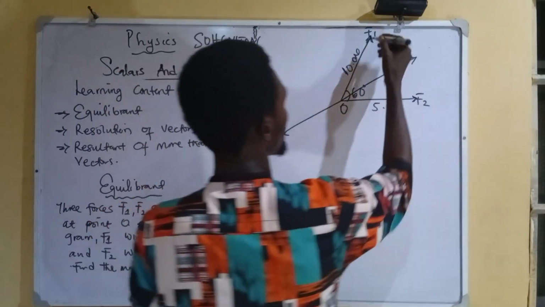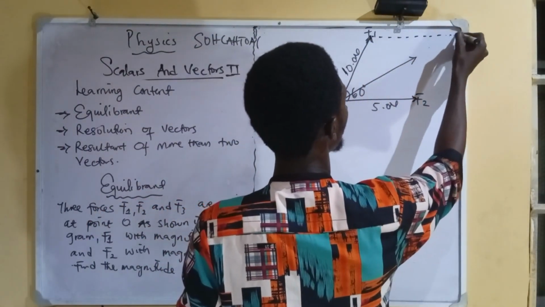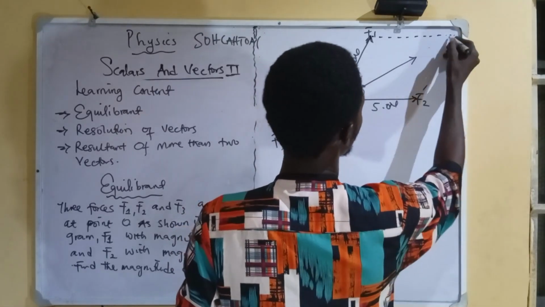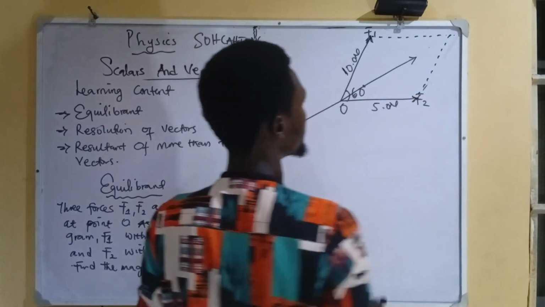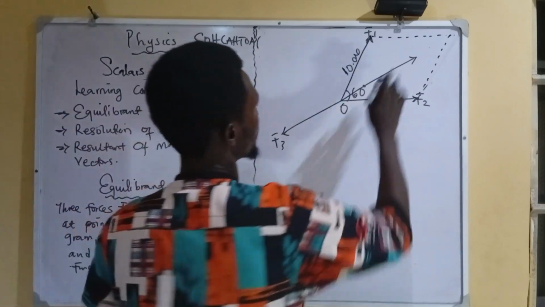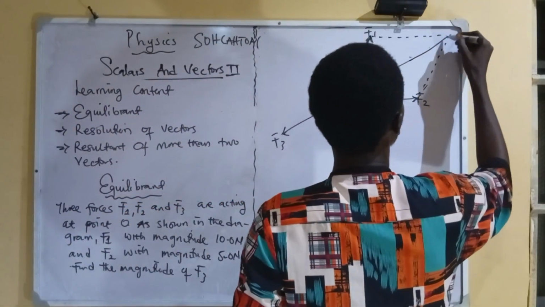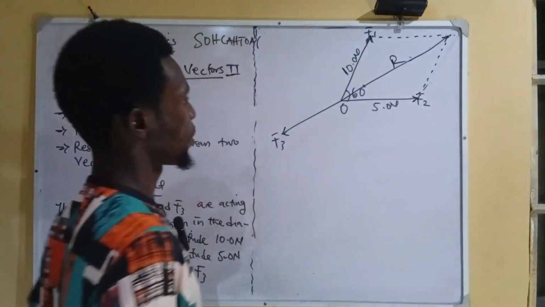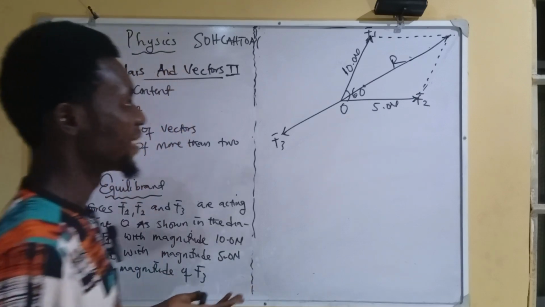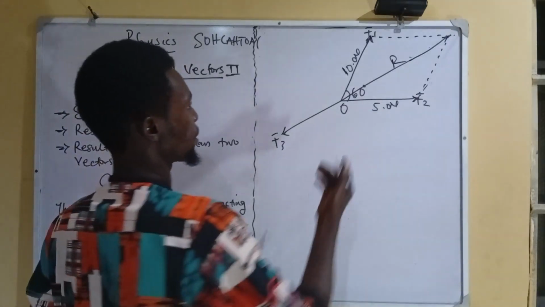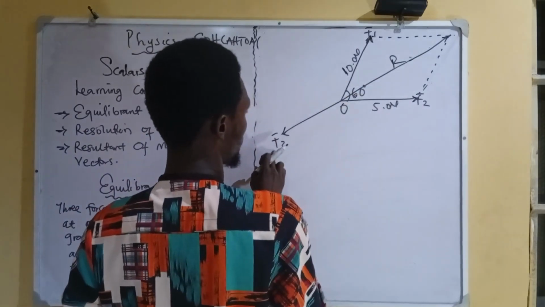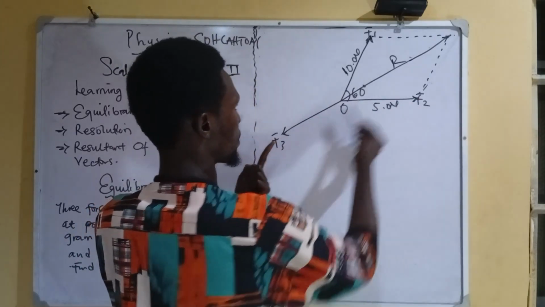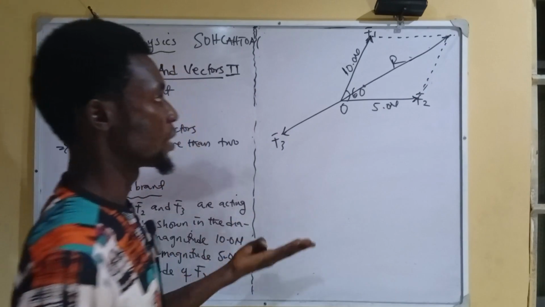You know that this can be represented in a parallelogram. Simple as that. So this becomes the resultant of the two vectors. If you can find the resultant, then F3 is just opposite in direction but will be the same magnitude.